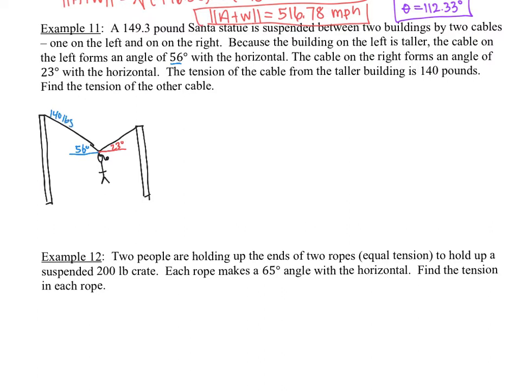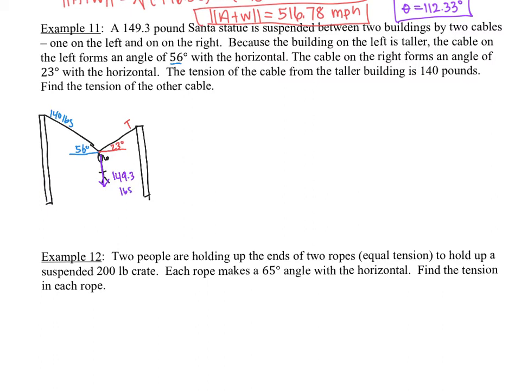Find the tension of the other cable. That's my unknown right there, the tension of the right cable. They also tell me that Santa's statue weighs 149.3 pounds. Since he's just dangling there, his vector is going straight down.